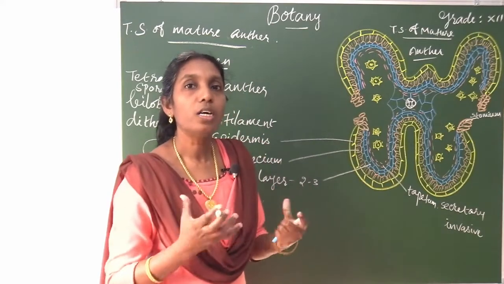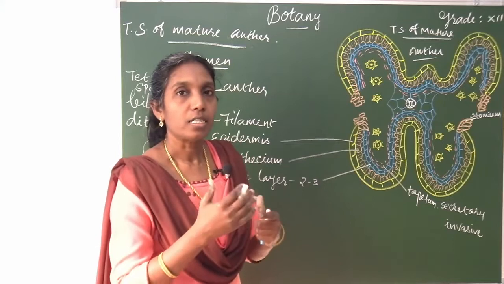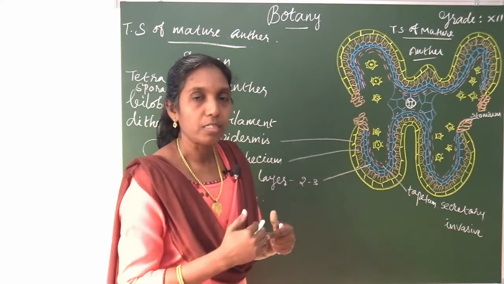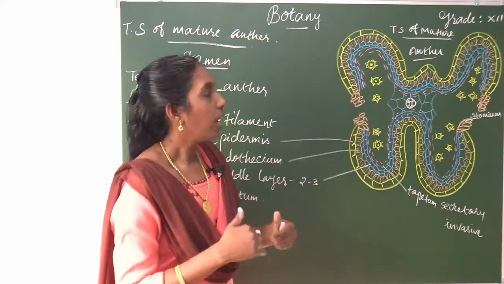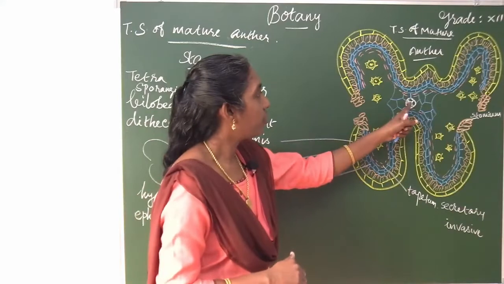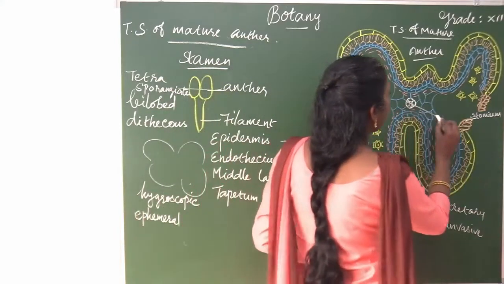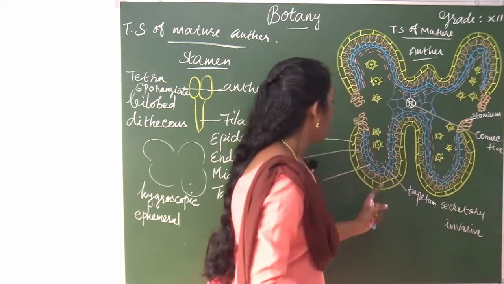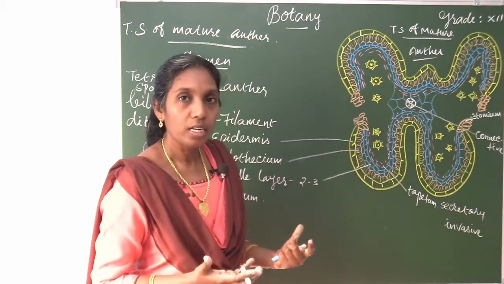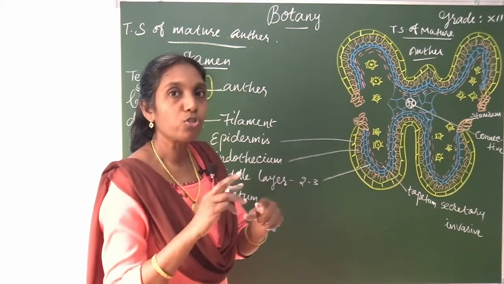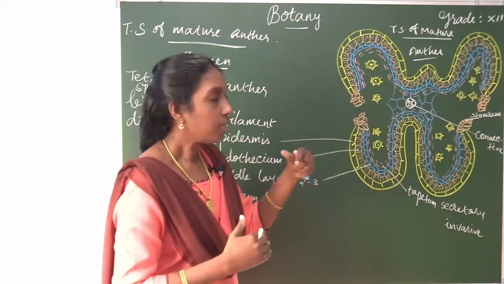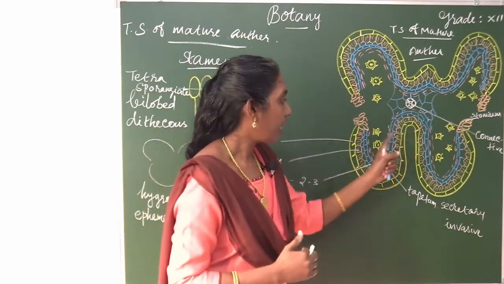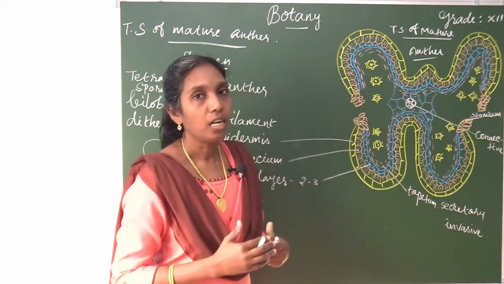This tapetum is dual in origin because it is derived from two different parts: part of the tapetum is derived from the peripheral wall layer, and another part is derived from the connective tissue. This is the region called connective. So it is dual in origin.